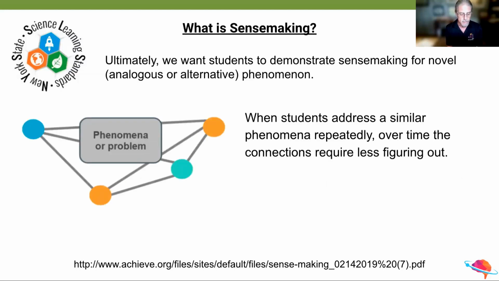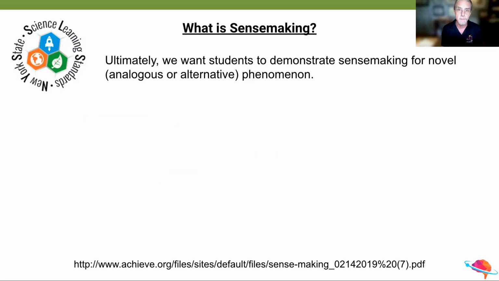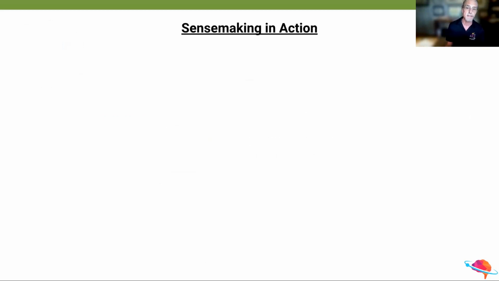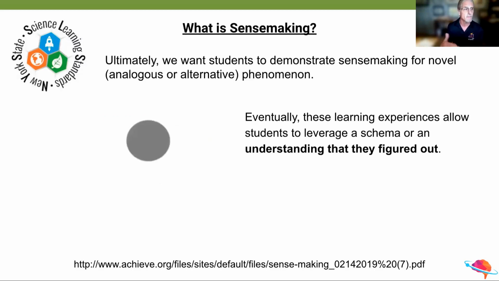Okay. So it's important for students to experience similar or alternative phenomena. So over time, connections require less figuring out. As they start moving through this process of sense making, they begin to get better at it. And the connections using those cross-cutting concepts, for example, they start seeing all of those things over and over again.